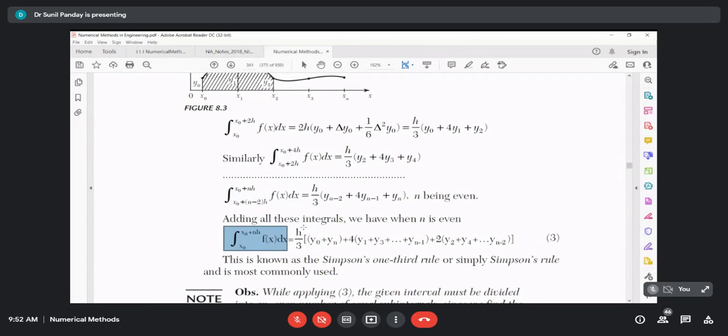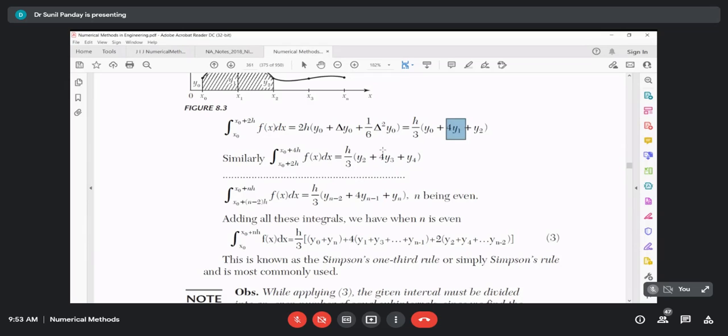In I1 I have y naught, and y naught does not come anywhere else. Similarly, in In, yn does not come anywhere else. So this is y naught plus yn. Now you can see the odd terms: here I get 4 into y1, here 4 into y3, and here 4 into yn minus 1.